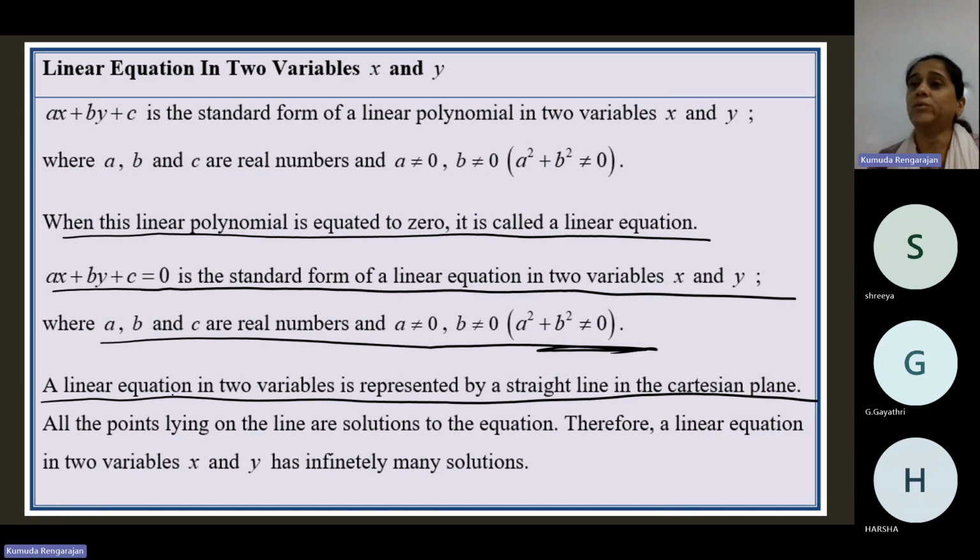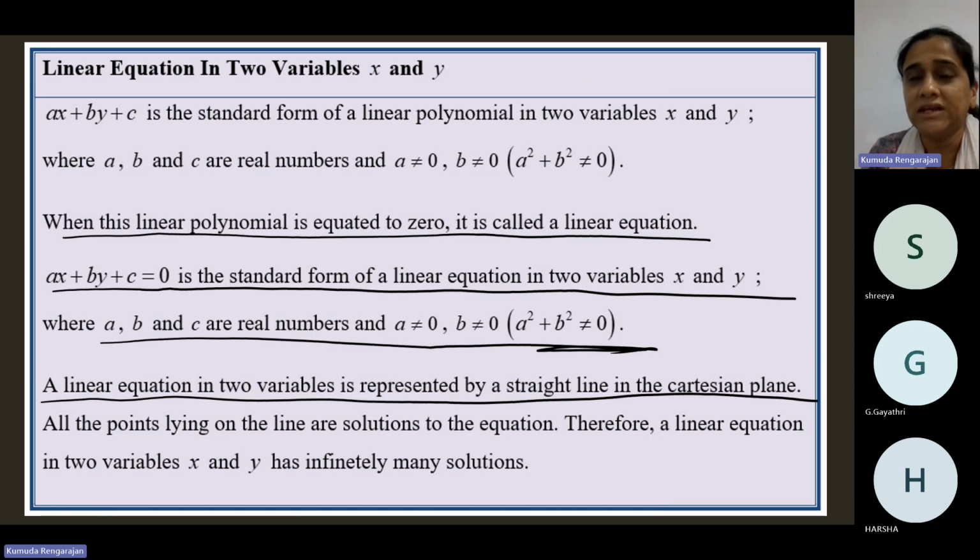Okay, so now how do we represent the solution? How do we represent the solution of a linear equation in one variable x? It's a point on the number line. For a linear equation in one variable x, its solution is represented by a point on the number line.